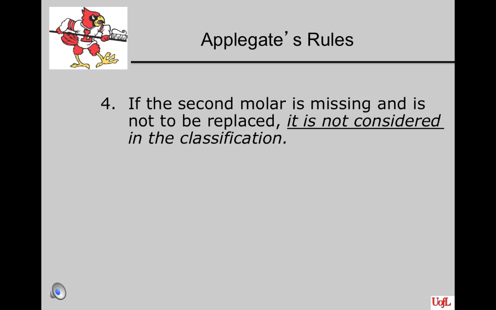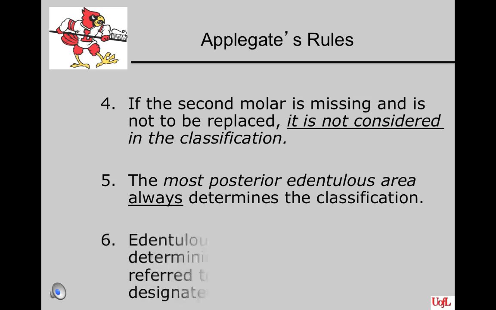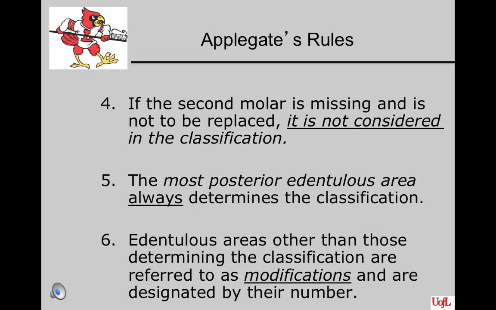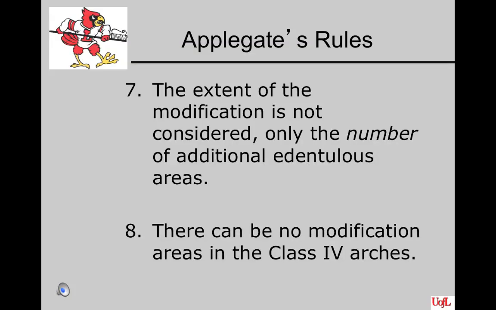The most posterior edentulous area always determines the classification. Number 6, edentulous areas other than those determining the classification are referred to as modifications and are designated by their number. Number 7, the extent of the modification is not considered, only the number of additional edentulous areas. And lastly, there can be no modifications in the Kennedy Class 4 arches.